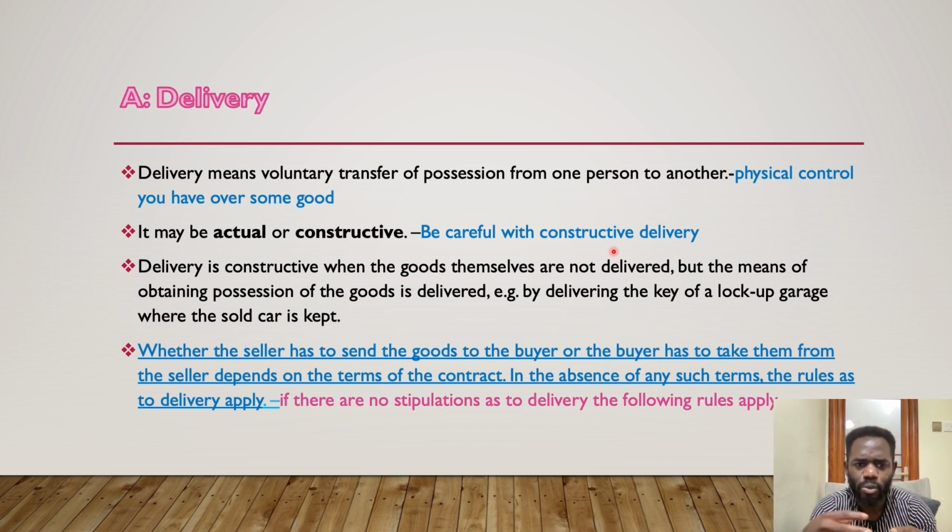So you need to be able to read facts to depict whether there was constructive delivery. But the overall key point of this specific slide is for you to understand, if parties to a sale of goods contract have no stipulation as to delivery of the goods, then the default rule is that the rules of delivery are going to apply, and these rules are found in the Sale of Goods Act.